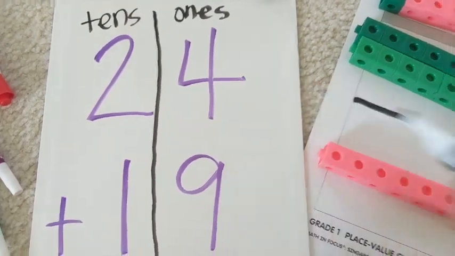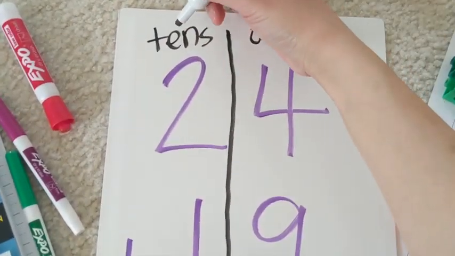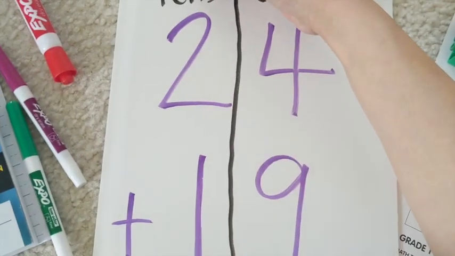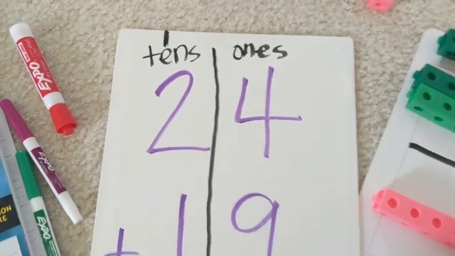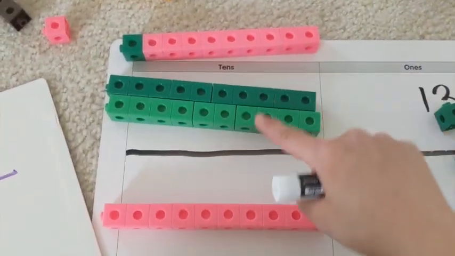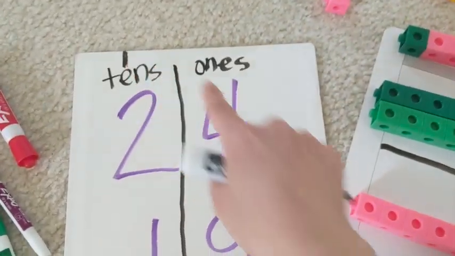So we're going to go ahead and look at this one. 9 plus 4 is 13. And we took our 1 and moved it up here, just like this. So you see that? Okay. So just like this picture here, we have 2 tens, 1 ten, and then we have the one that we regrouped from the ones place.